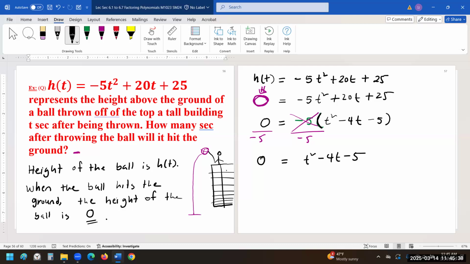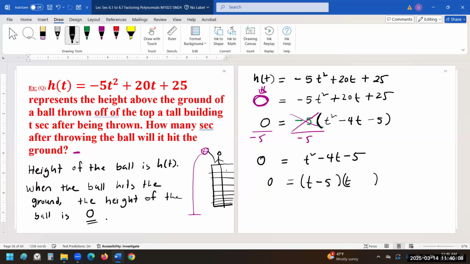Any questions so far? Can you solve this equation? Does it look easier or harder? Easier. So is there any way you can factor this? Two numbers multiplied to negative 5 and combined to negative 4. What are they?